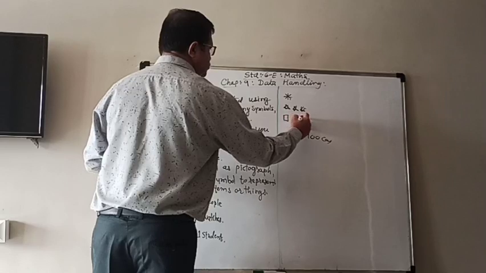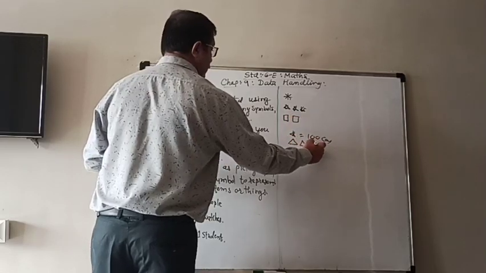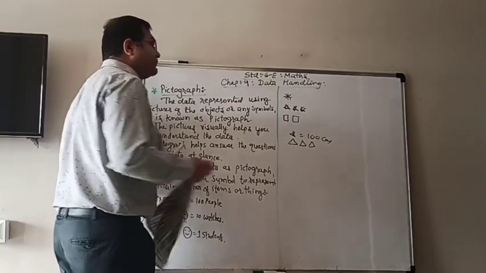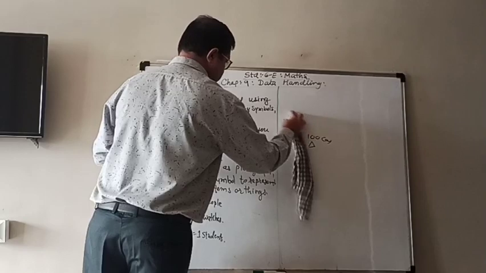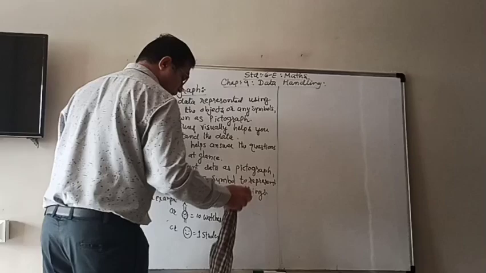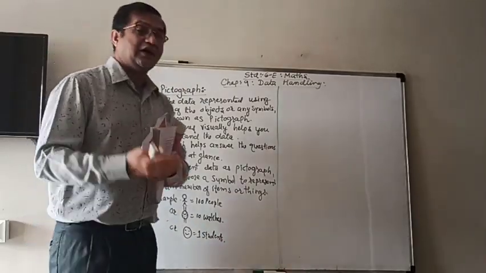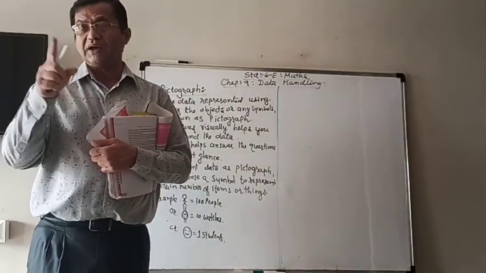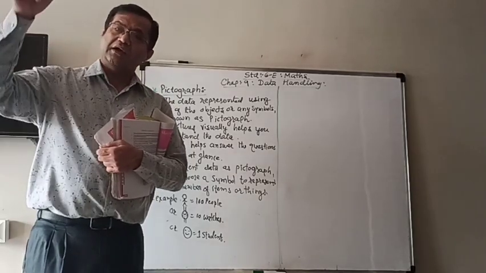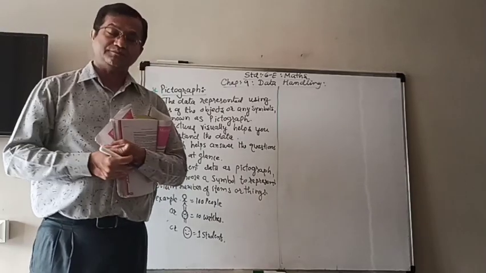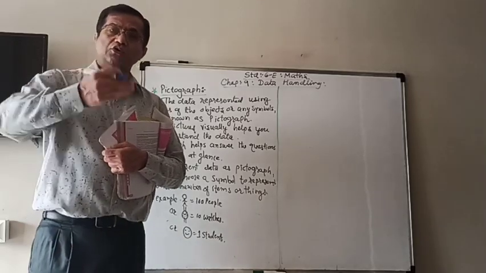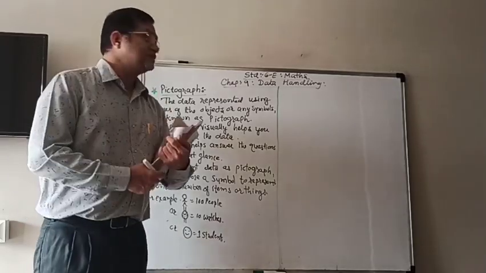You can use squares or triangles, it is not compulsory to use a particular one. One symbol represents how many objects of that particular thing, and then according to the data, we represent it using those symbols.